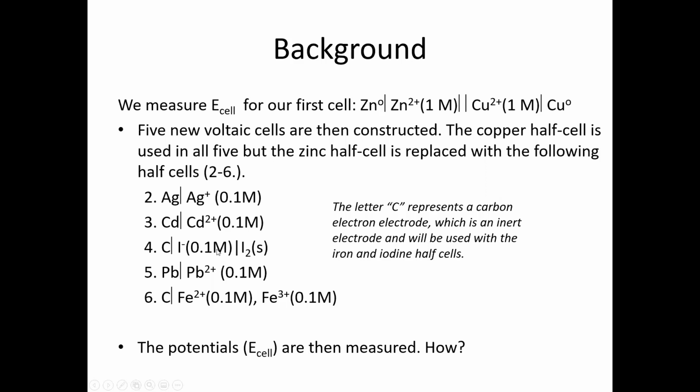The redox pair for cell 4 will be I- and I2 element. And for cell 6 it will be Fe2+ and Fe3+ at 0.1 molar concentration.